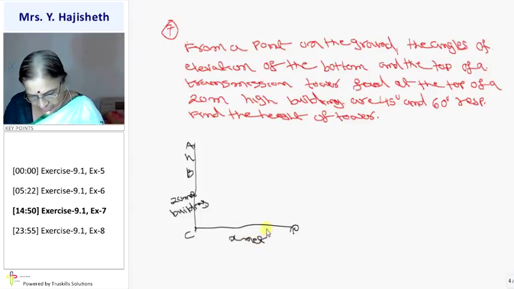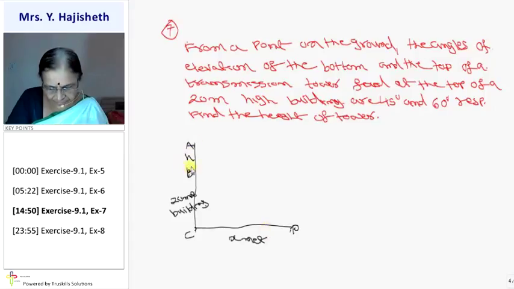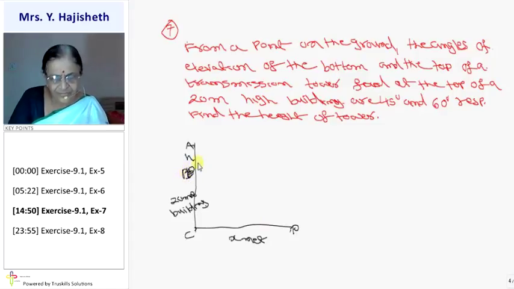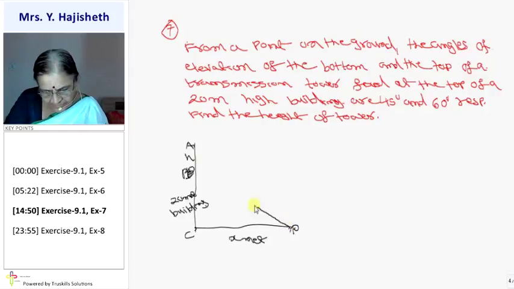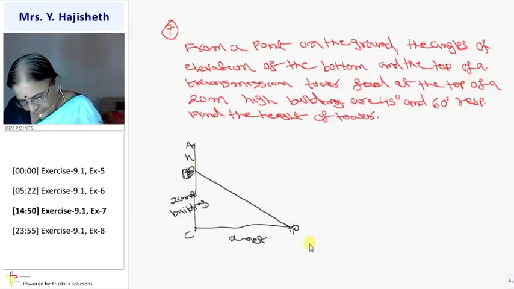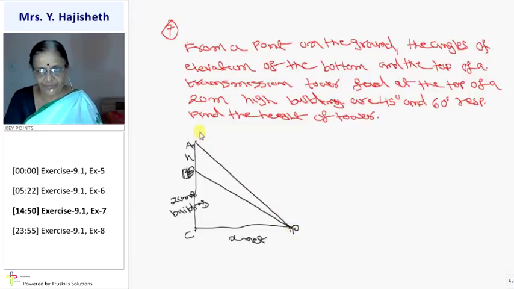The angle of elevation of B is 45 degree and that of A is 60 degree, okay?